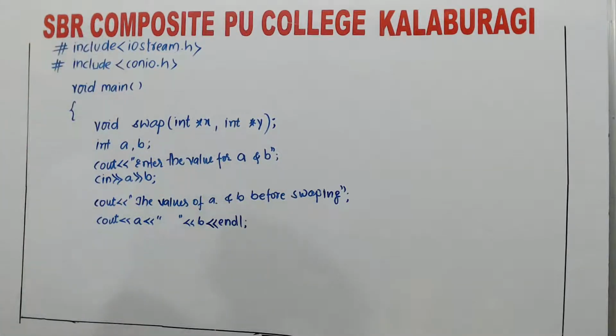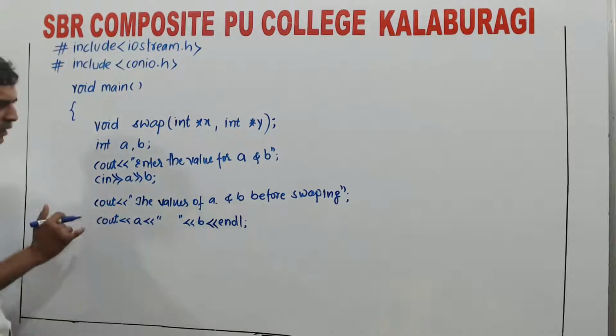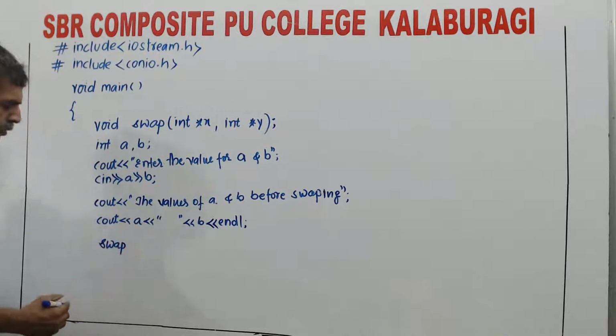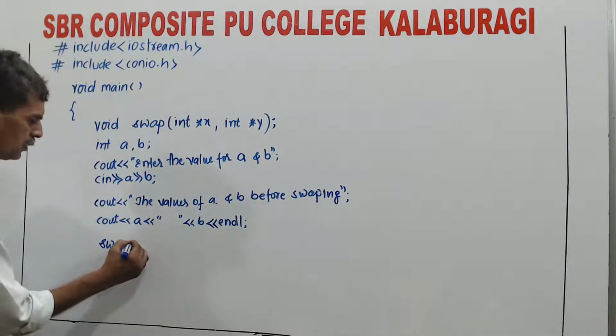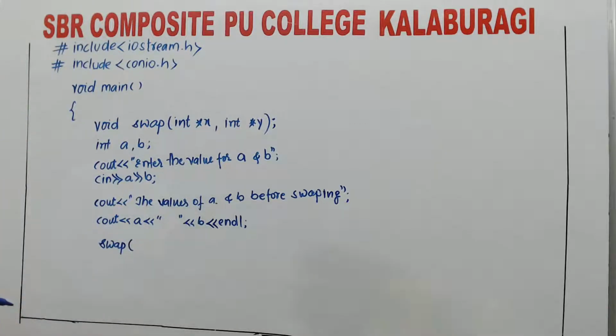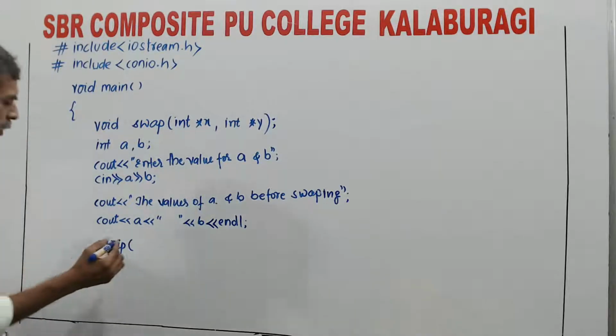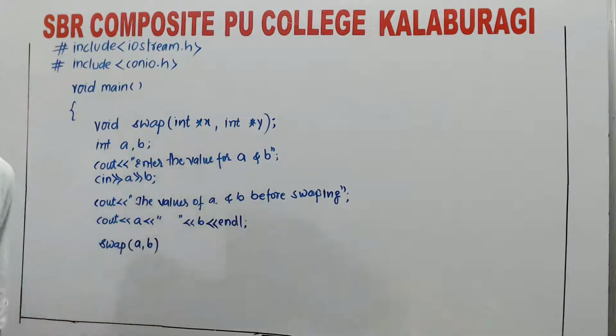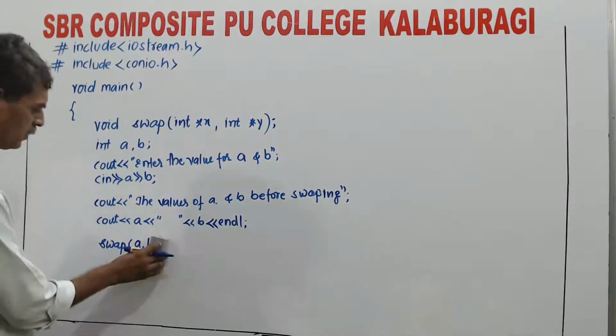Now pass this to the function swap: swap a comma b. Pass the address of a comma b.